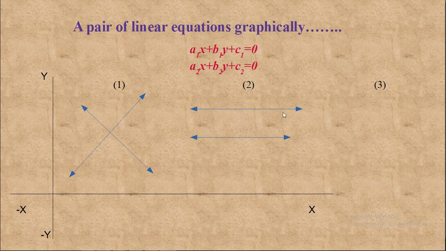That is, they are not intersecting and they go parallel to each other. These parallel lines will not intersect at any point. And the next possibility is that these two lines can be coinciding with each other. That is, these two lines can lie on the same line. These are the possibilities of representing a pair of linear equations graphically.